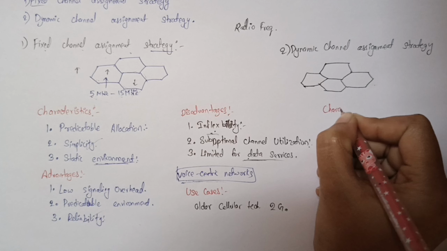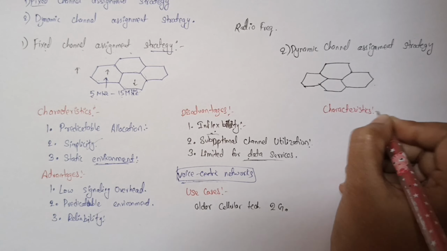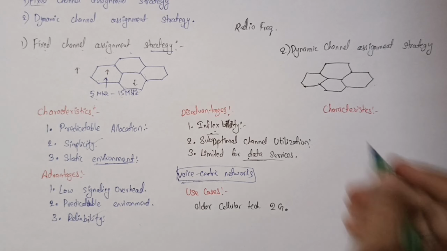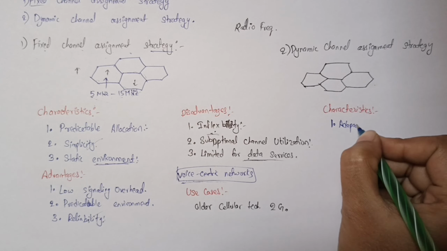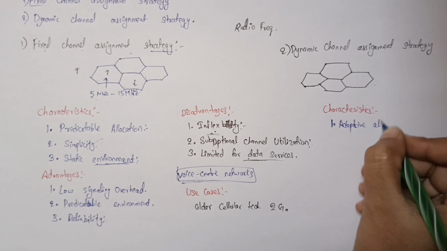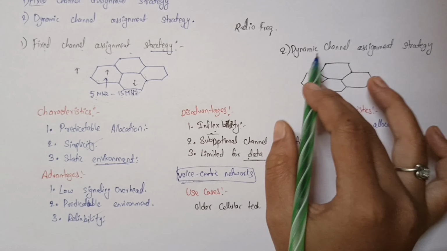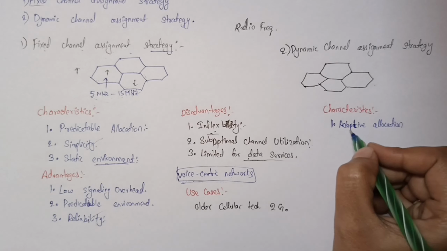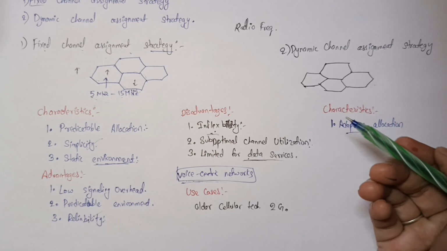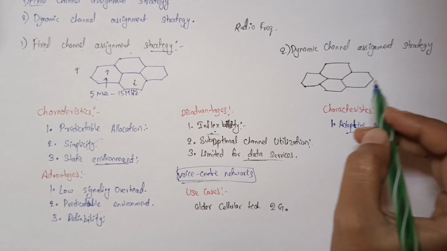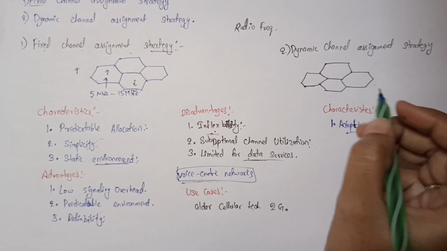Now let's see what are the characteristics of this dynamic channel assignment strategy. So the first characteristic is adaptive allocation. The primary characteristic of this dynamic channel assignment strategy is adaptability. It dynamically allocates and deallocates the channels based on real-time network conditions such as traffic loads and interference levels.